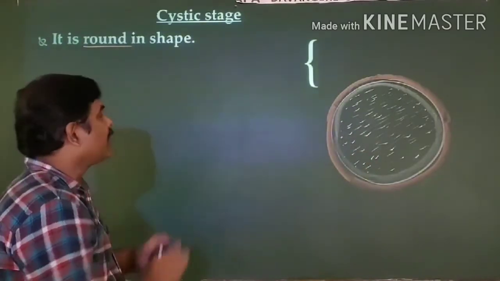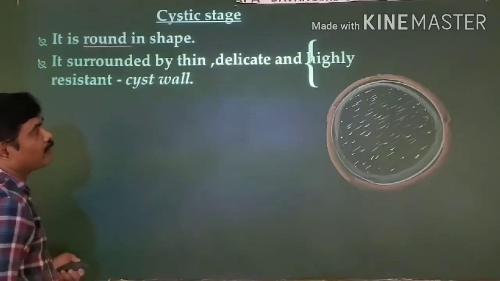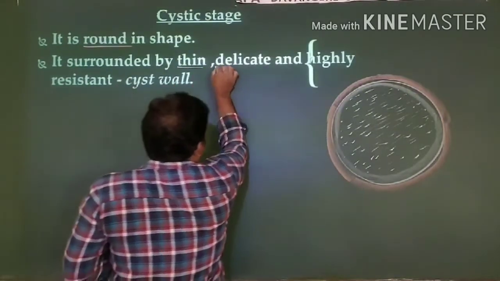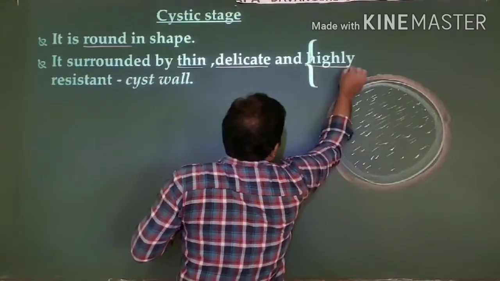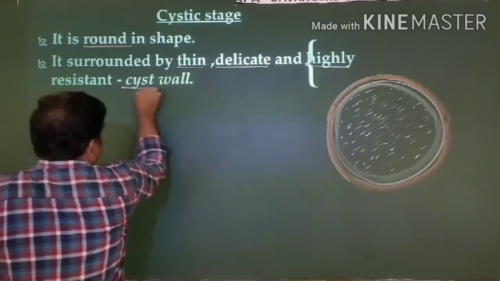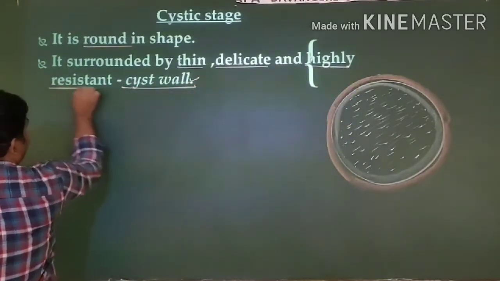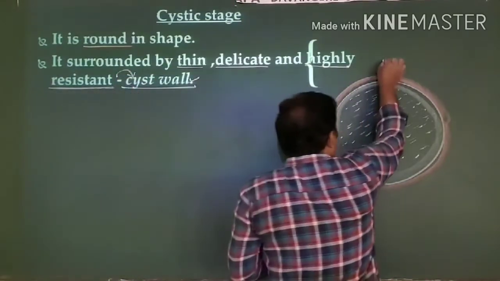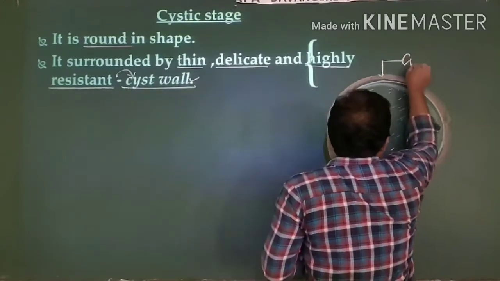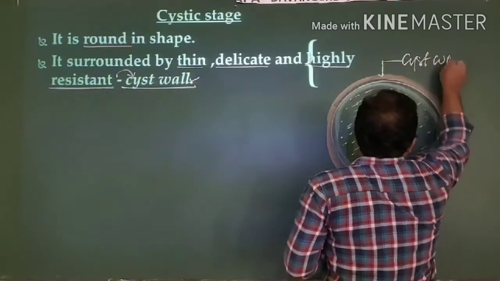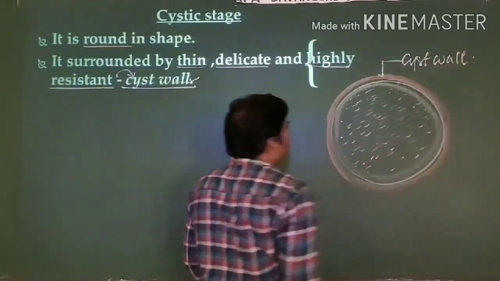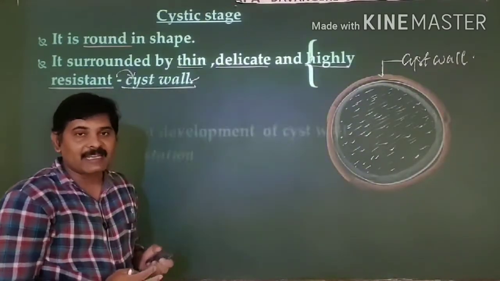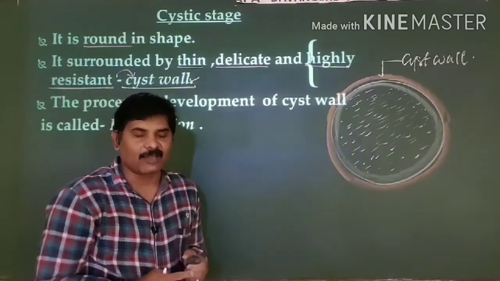The very prominent characteristic feature of this one is that it is surrounded by a thin, delicate, highly resistant cyst wall. This is what we call a cyst wall. Clear? The formation of cyst around this parasite is known as encystation.